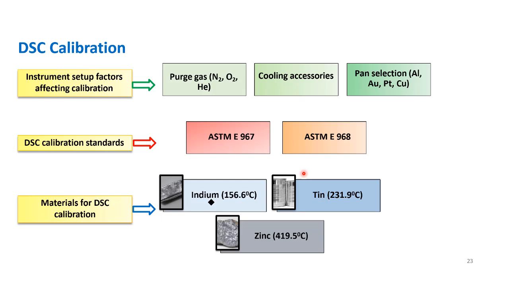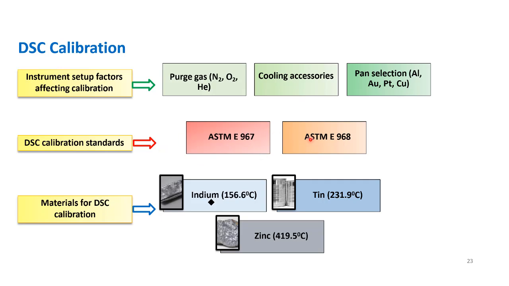Then, calibration of DSC, how it happens. First of all, the instrument set of factors which are considered: the purge gas, which gas we are using, it can be either nitrogen, oxygen, or helium. Then the cooling accessories which are used. Then pan selection, whether it is aluminium, gold, platinum, or copper. The standards for DSC calibration are ASTM E967 and ASTM E968.